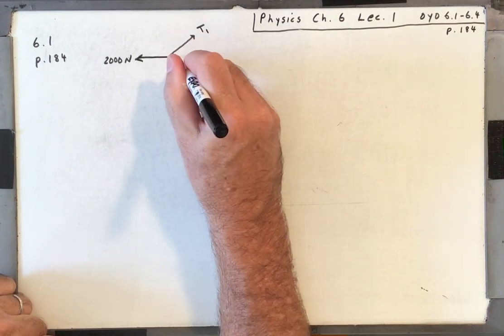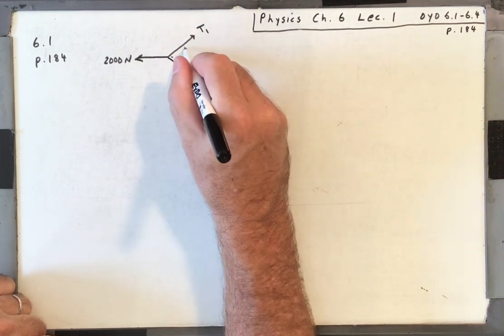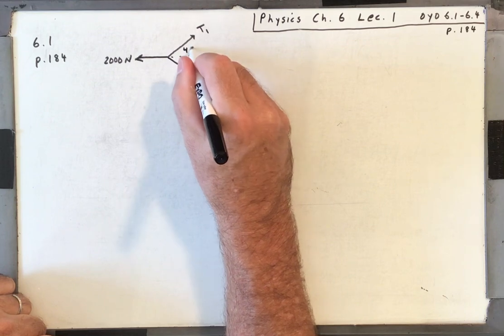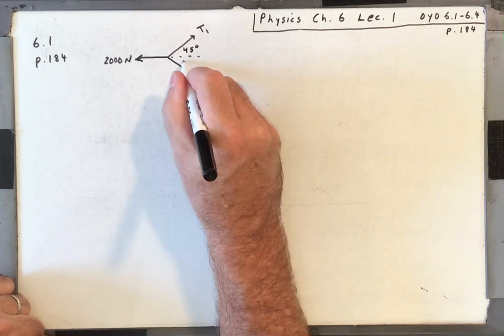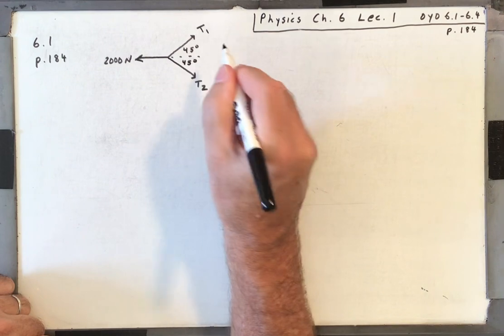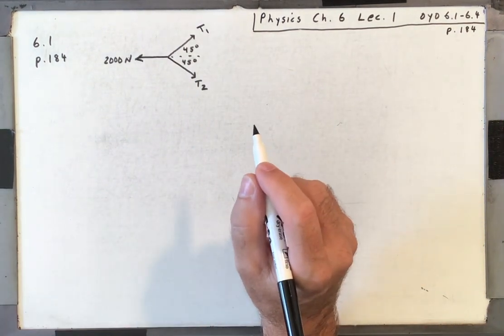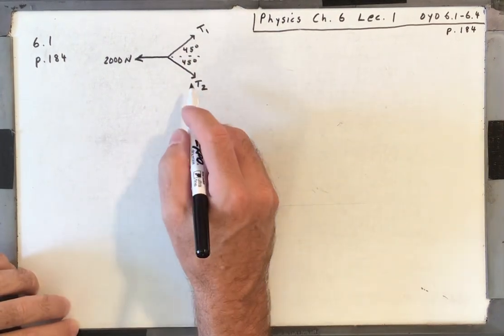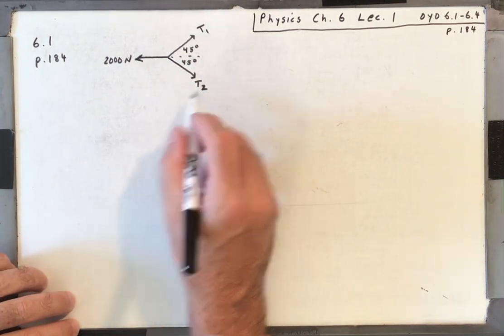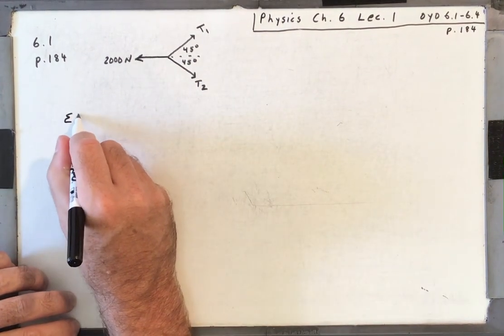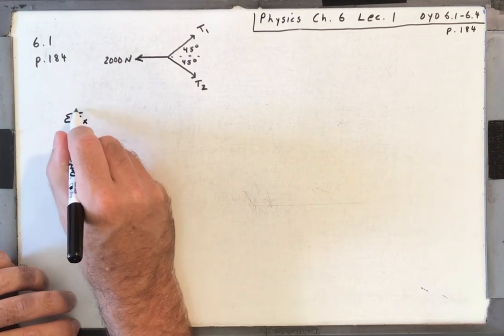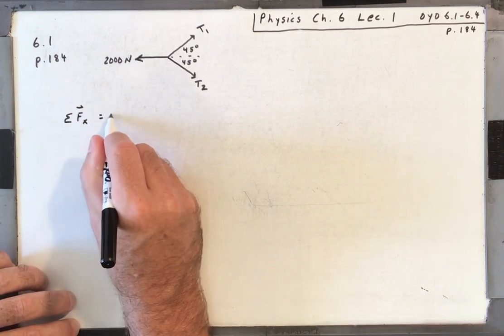Now, from a geometry standpoint, we know that there's a 45-degree angle here and a 45-degree angle here. So what we have to do is, if this is in equilibrium, and it is, it's a stalemate, the sum of all the forces in the x direction have to be 0.